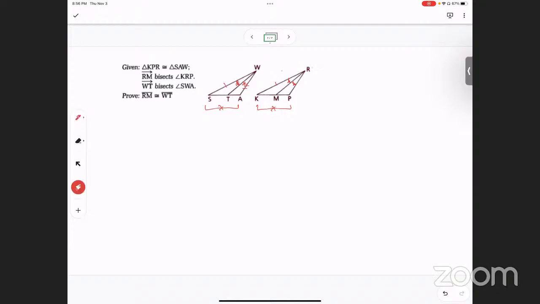Let's see, what's our strategy on this one? So RM and WT are congruent. If we could prove that these two triangles are congruent, then CPCTC would give us what we need, right? Yeah. So let's see how we can do that.